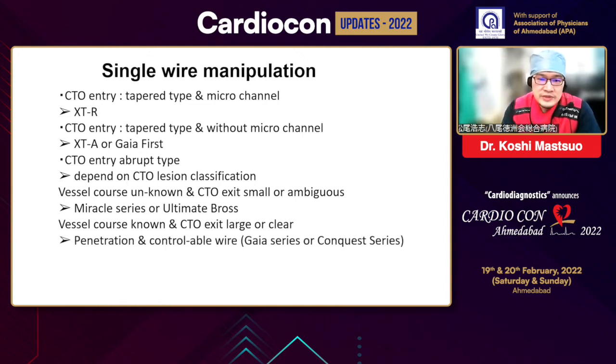If you know the vessel course, for example from CT angiography or something, and the CTO exit is large or clear, you should choose a penetration and controllable wire. It means the Gaia series or Conquest series.